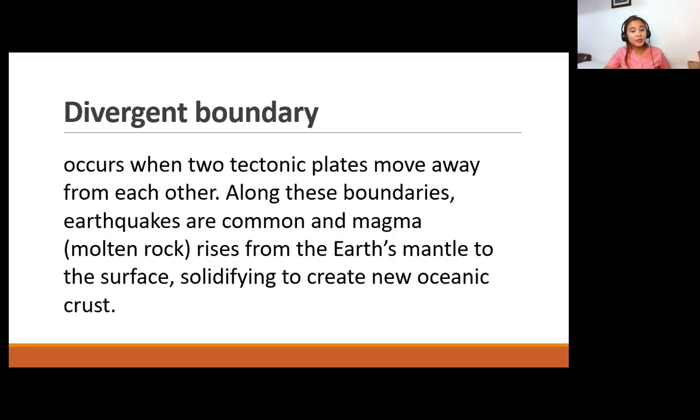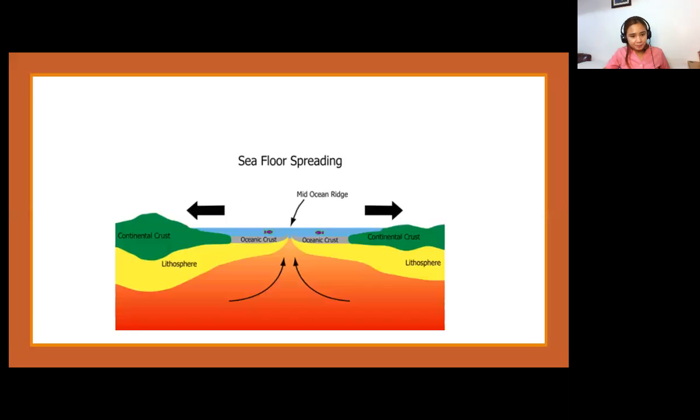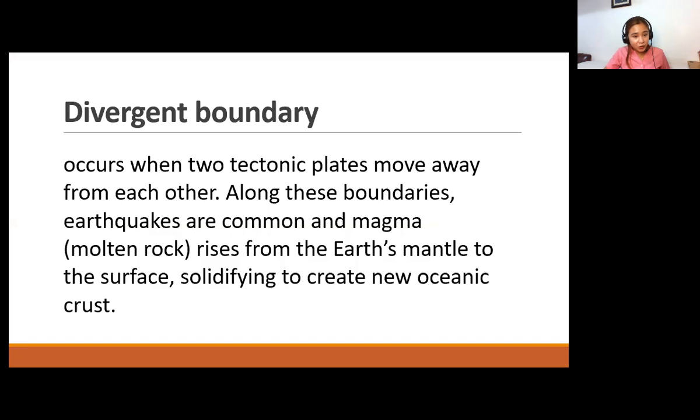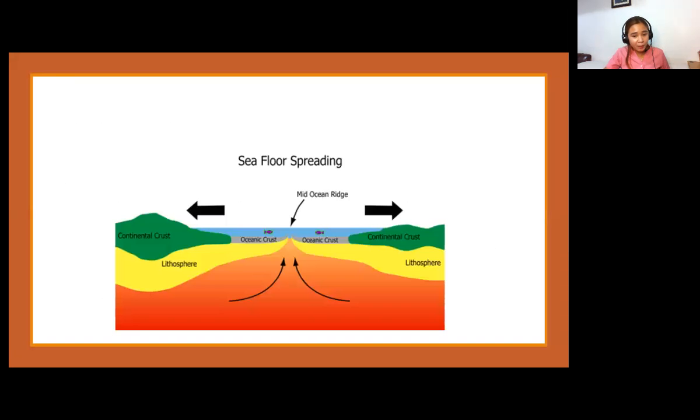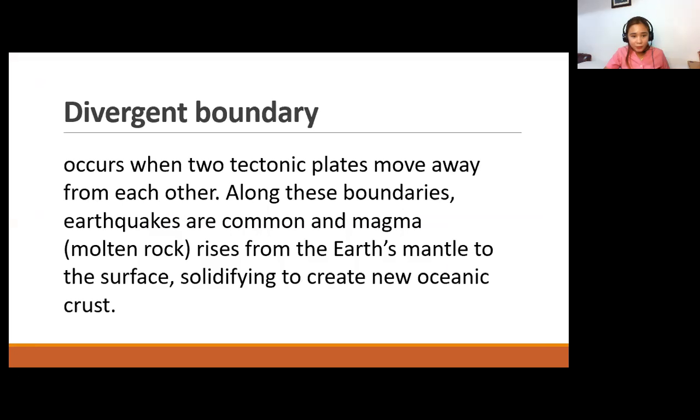And of course, magma or the molten rock rises from the Earth's mantle to the surface, solidifying to create new oceanic crust. So paano nangyari yun? Let me show you a picture. This arrow represents the divergent. Divergent boundary or yung paghihiwalay, balikan natin definition.